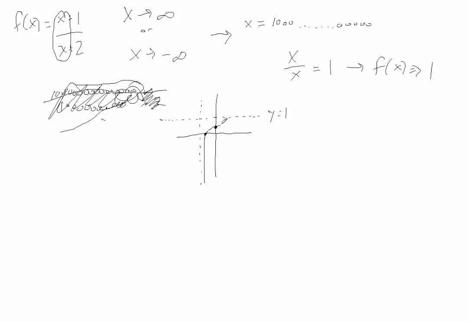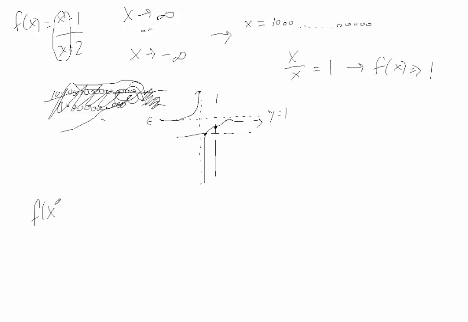Our graph looks something like this. So as we go to negative infinity and as we go to positive infinity, the graph is tending toward this line y equals 1. And really what that is, it's the ratio of the coefficients of the leading term.